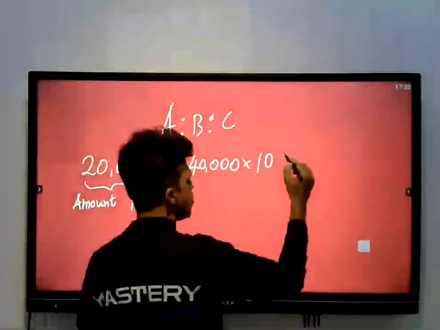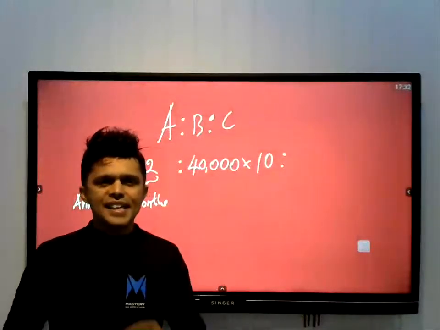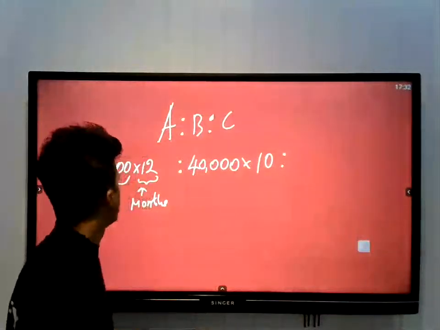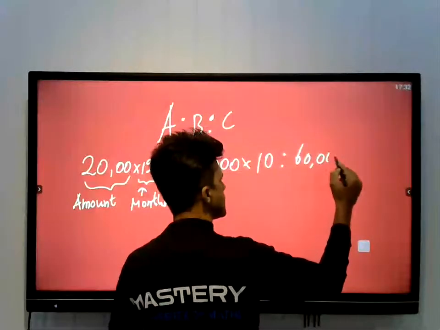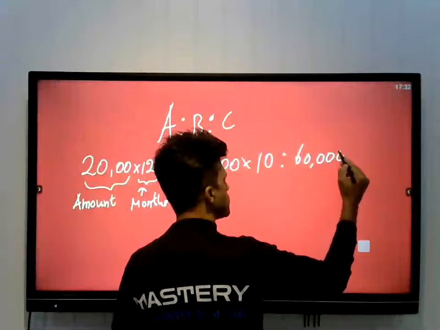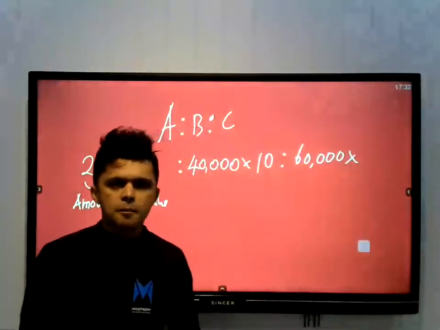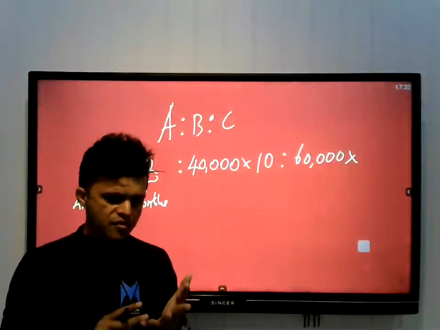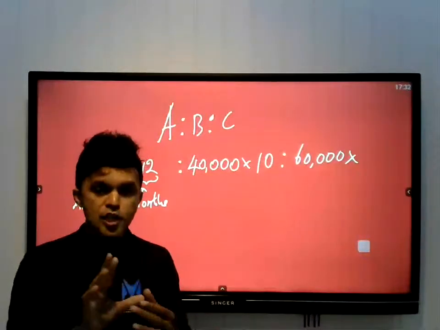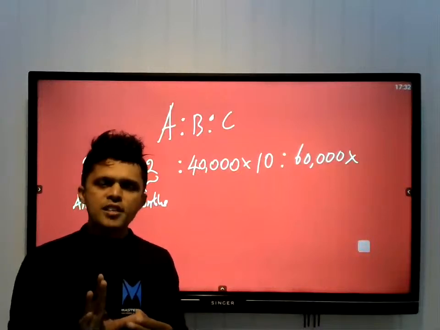After that, C also joins the business, investing 60,000 rupees. He is not in the business January, February, March, April, May, and June.